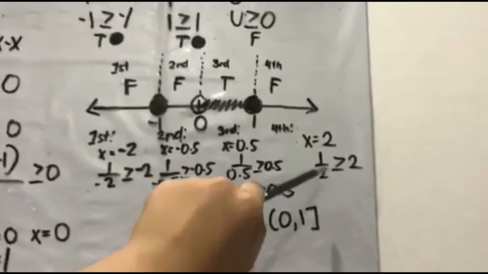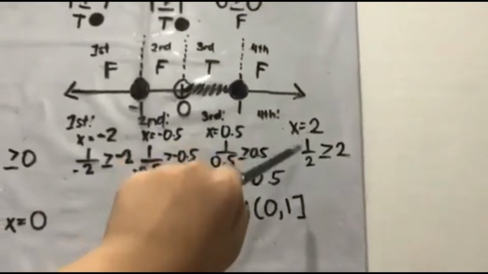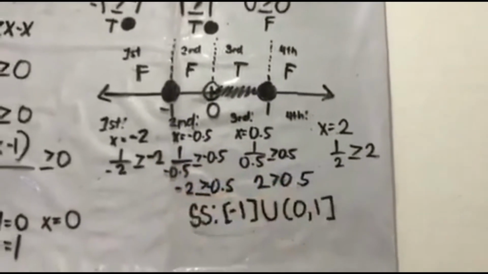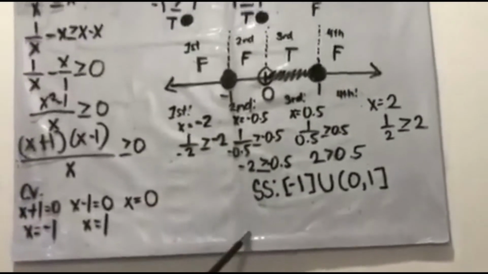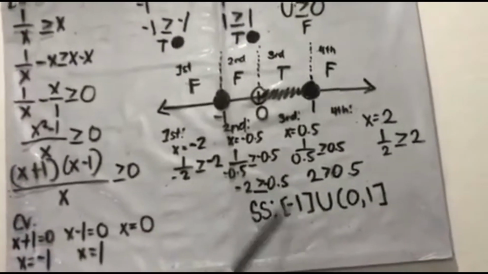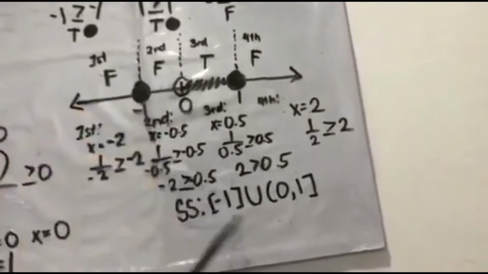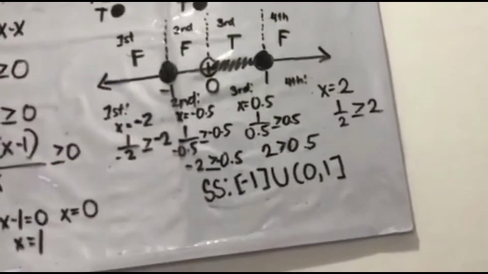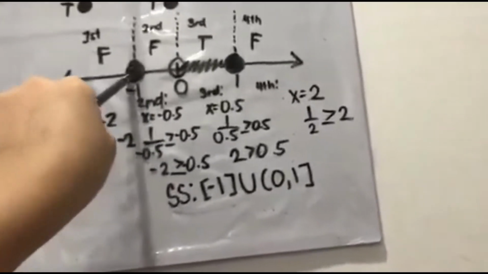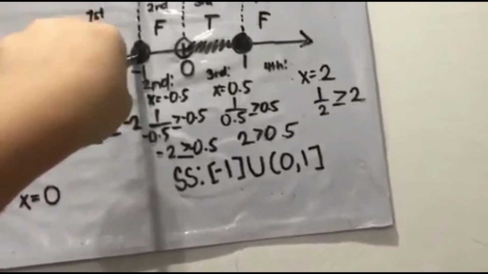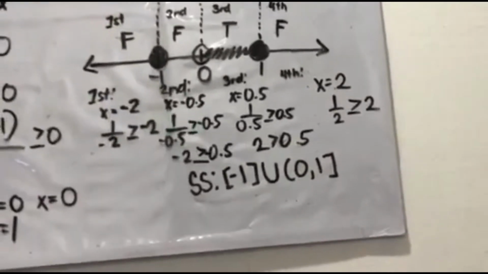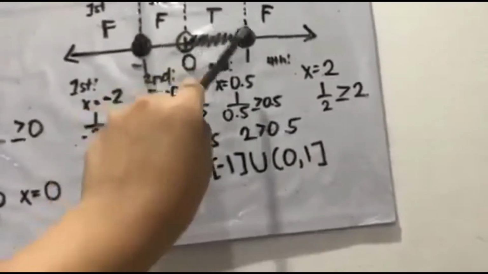So, 1/2 is greater than or equals to 2. False yung sagot dyan. So, yung solution set natin is -1 dahil bracket yan dahil hindi naman siya kasama, tsaka wala siyang negative infinity. And bracket nga siya kasi naka-close yung circle niya. Is union to 0.